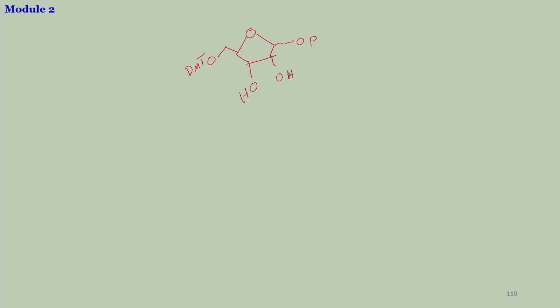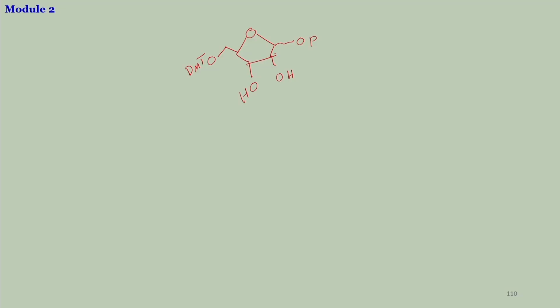Now the question is, how can you selectively protect the 2 prime or 3 prime? The reactivity of the 2 prime and 3 prime positions is more or less the same, because both are secondary hydroxyl groups.